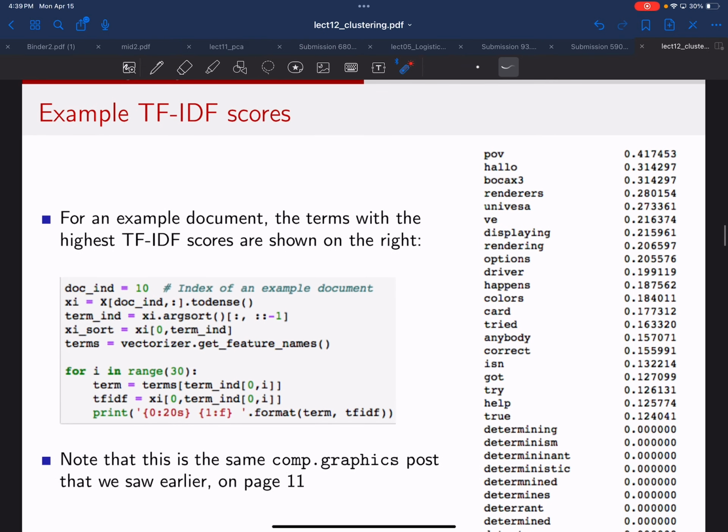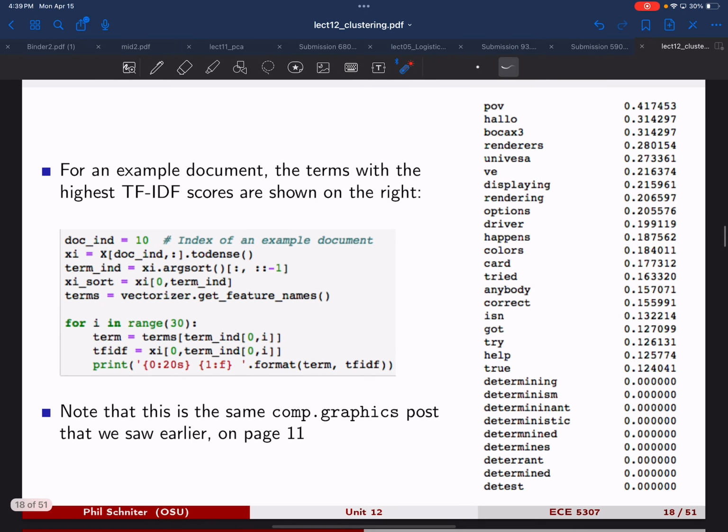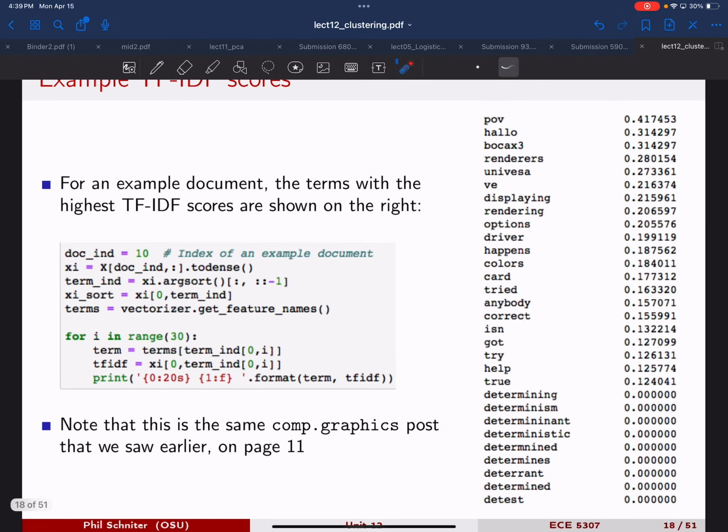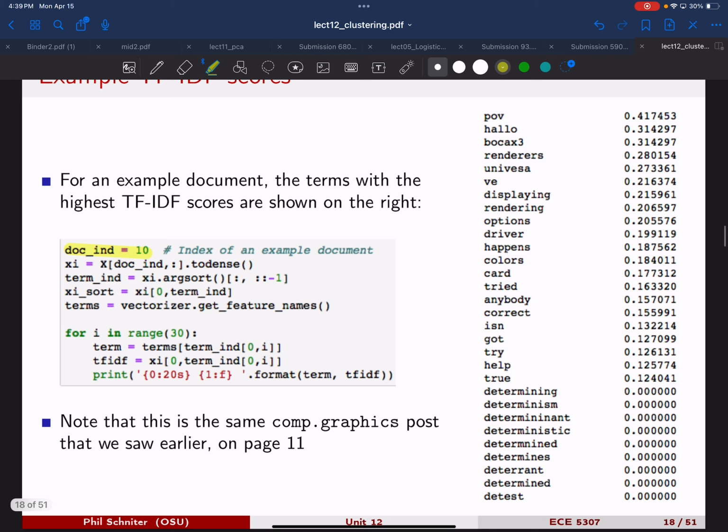Let's first take a look at the scores we've computed. Let's take one of the documents, document number 10. The way we're representing it is a vector of 38777 entries, where each one corresponds to a given term.